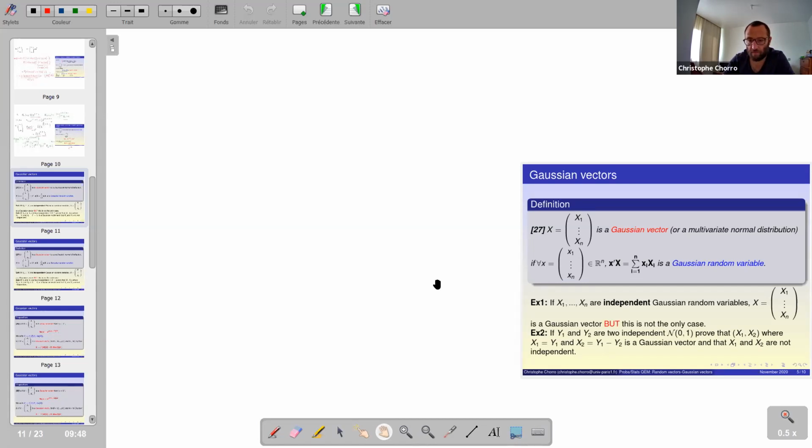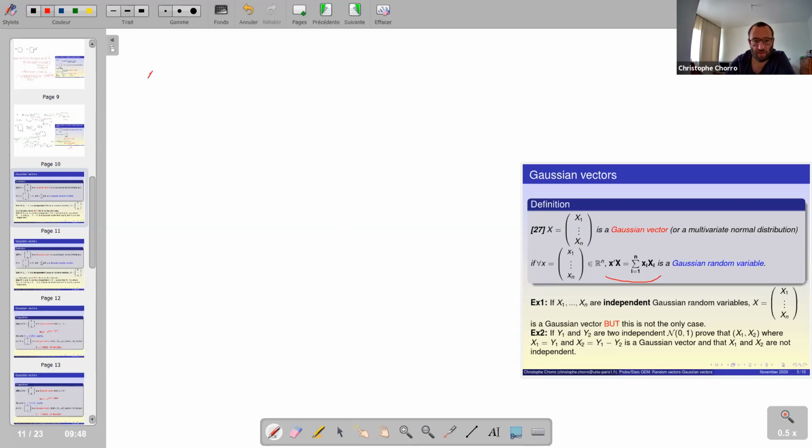A Gaussian vector is a vector for which any linear combination of the components is a Gaussian random variable. I have used words to describe this proposition, but it's exactly what I have written here.